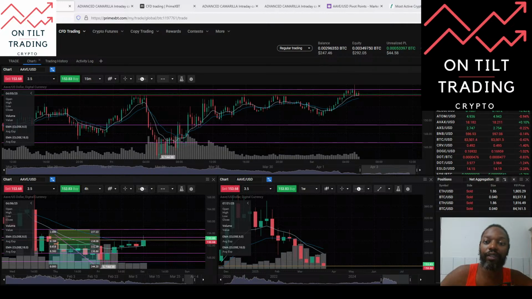Here on the 15-minute, the 9 EMA is still trading above the 18. You can see there was a crossover here in this area, and then a crossover here. Well, this would be first where the 18 was above and the 9 was below. Then there was a cross here where the 9 went above.